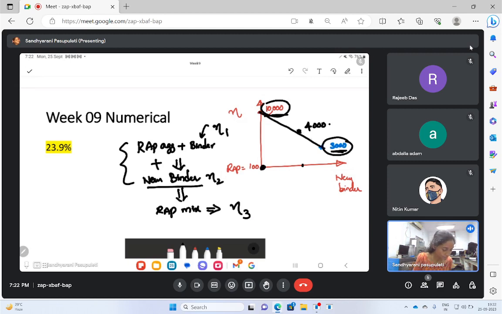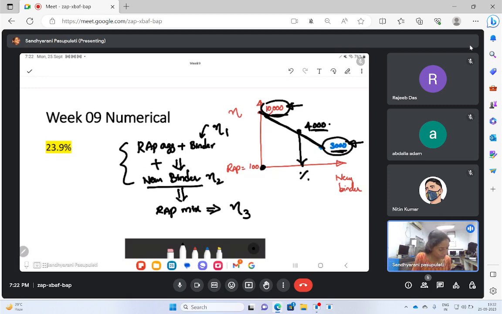So let us combine these three. Now the question is, if I want to get a 4,000 viscosity binder, but I am going to add 10,000 viscosity RAP binder and 3,000 viscosity new binder, then how much RAP percentage do I have to add?